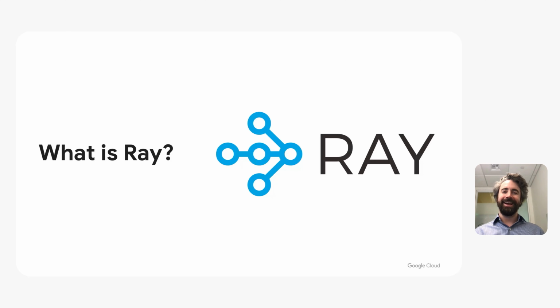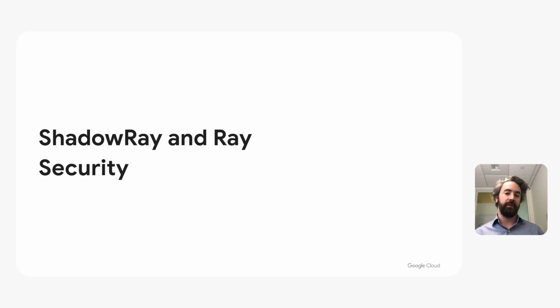So today we're here to talk about Ray and specifically Ray security. A few months back, a research team put out a vulnerability known as Shadow Ray. This had a series of CVEs, four of which the Ray team fixed. A fifth they noted was not a vulnerability in their estimation.